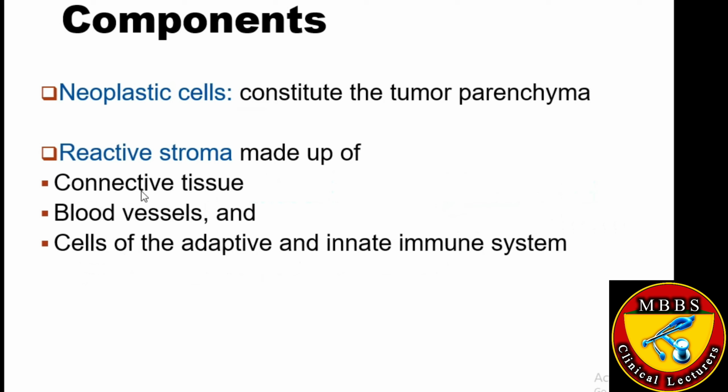Now, what are the components? The neoplastic cells are the components, and the neoplastic cells refer to the parenchyma of that particular tissue. And then there is a reactive stroma that develops in a tumor. The reactive stroma is made up of connective tissue, blood vessels, and lymphatics, and it can also include the cells of innate and adaptive immunity.